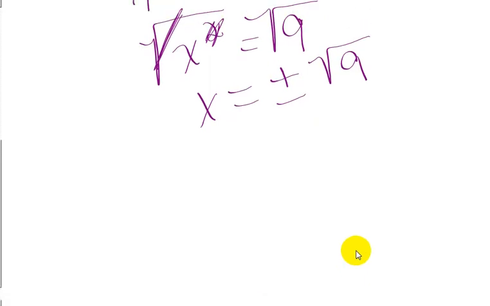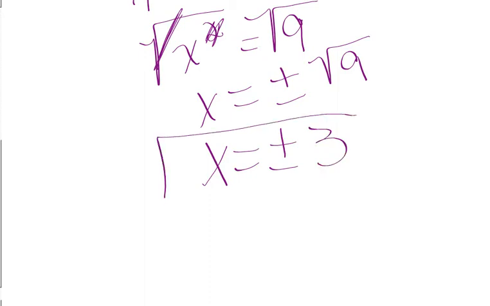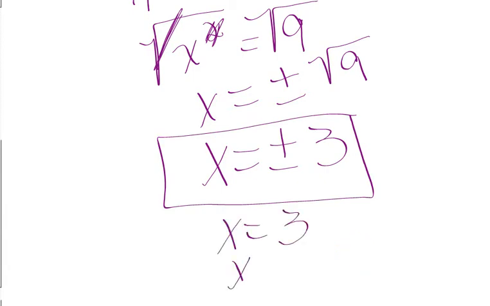Now, what is the square root of 9? 3. And so your answer is x equals the positive and the negative of 3. That's the same thing as saying x equals a positive 3 and x equals a negative 3. Okay? So that's our answer. x equals positive or negative 3. Any questions?